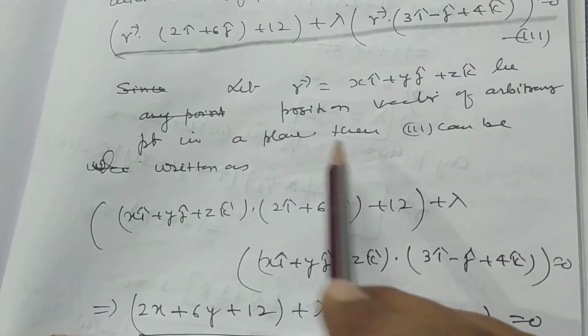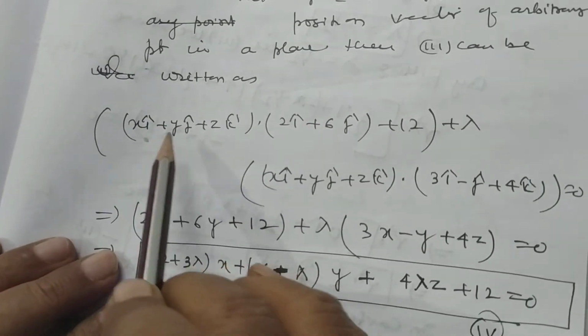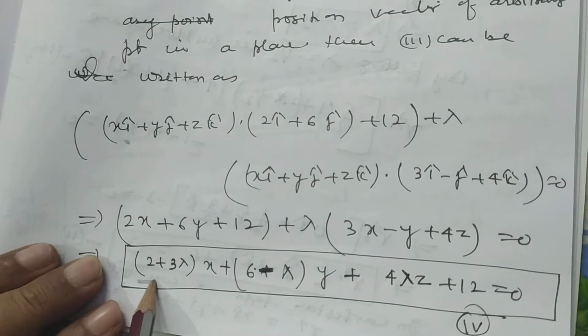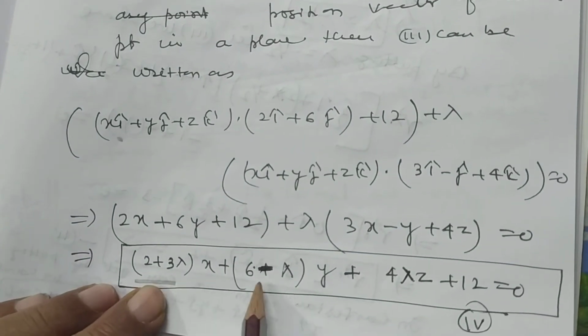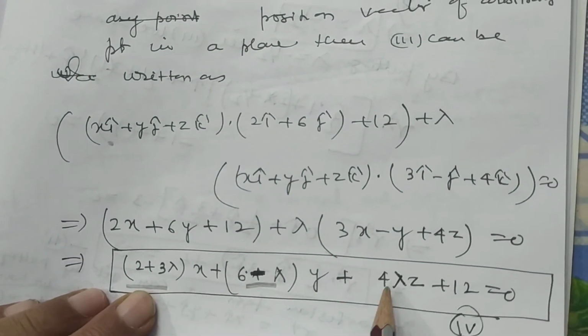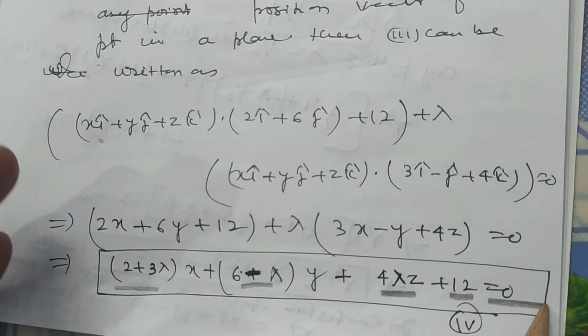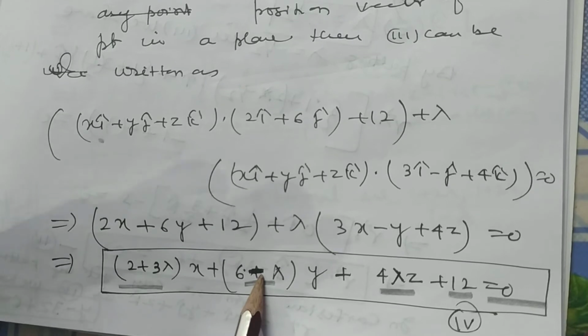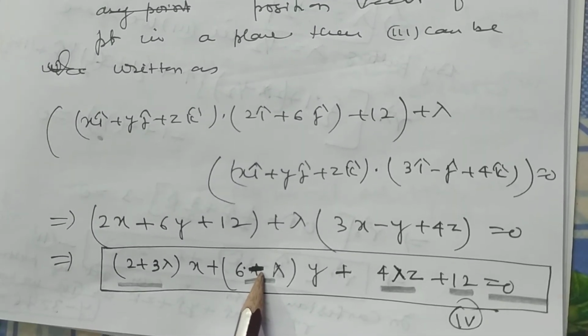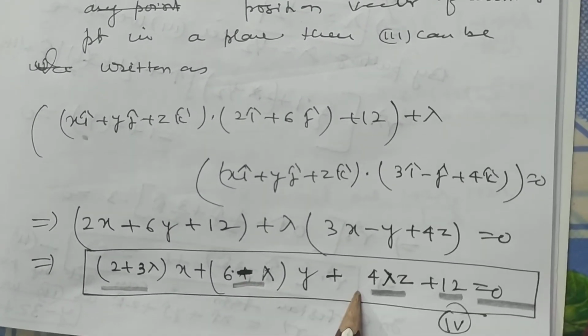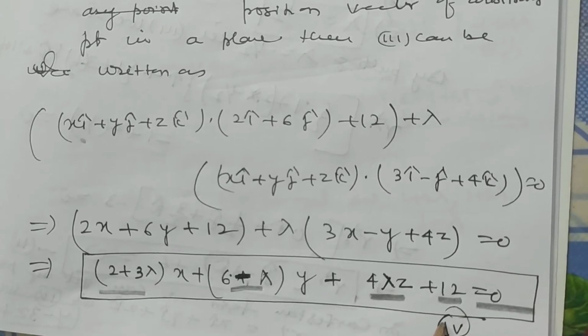By putting r = xi + yj + zk, it will be in this form: (2 + 3λ)x + (6 − λ)y + 4λz + 12 = 0. And it is given that the distance of the origin from this plane is unit.